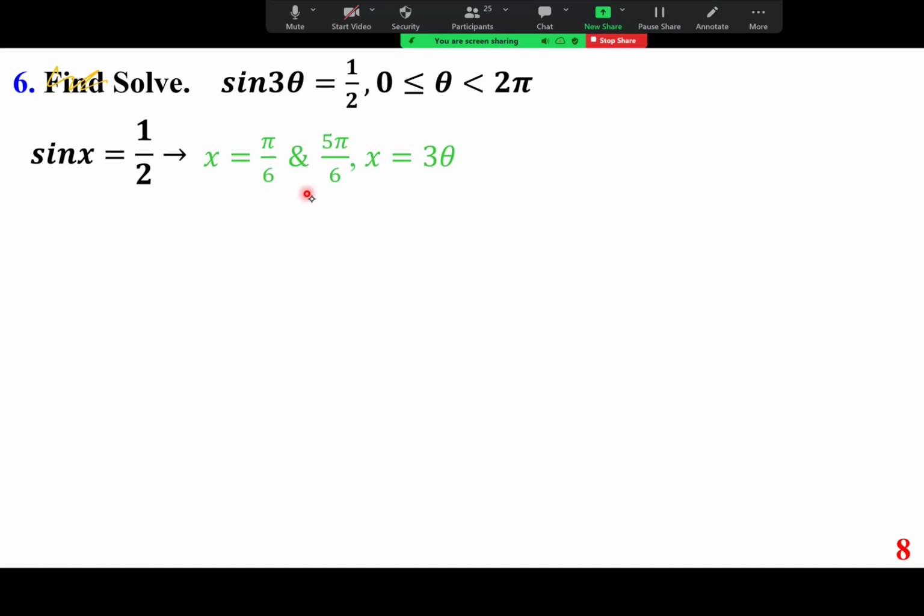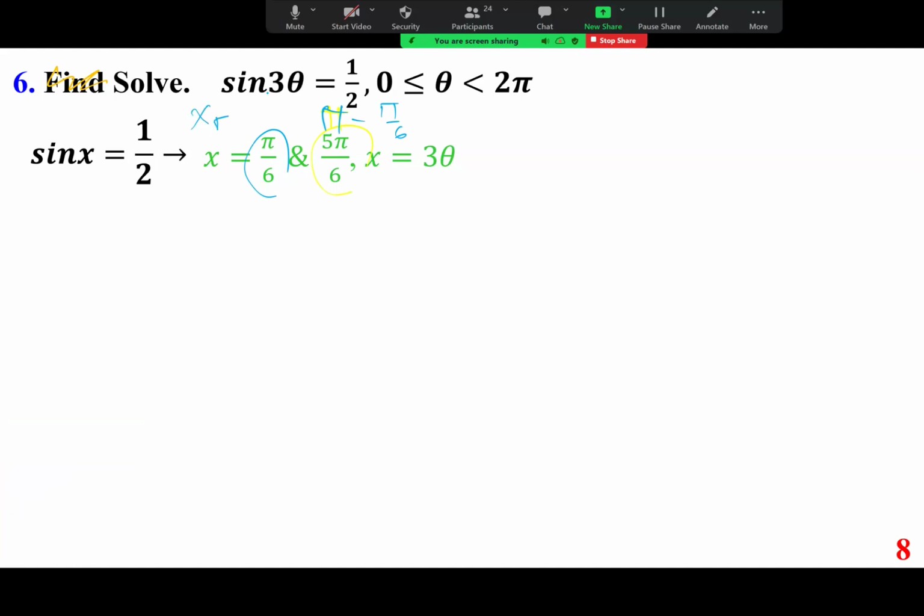Everybody knows that, right? Because sine is positive in the first and second quadrant. In the first quadrant it is pi over 6. In the second quadrant, pi minus pi over 6, because this also acts as reference arc. Remember that? In this case, x sub r.